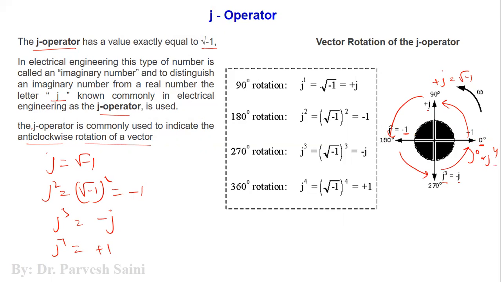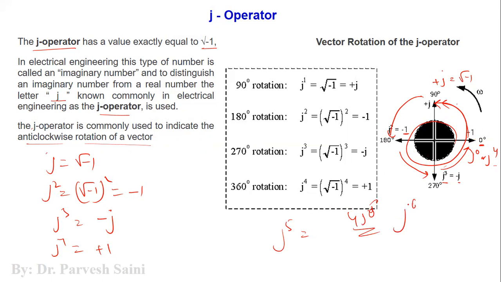So this is how we get it. If we say that it is j raised to the power 5, what does it mean? It means it has one complete rotation and then stops here: 360 plus 90, so 450-degree rotation.